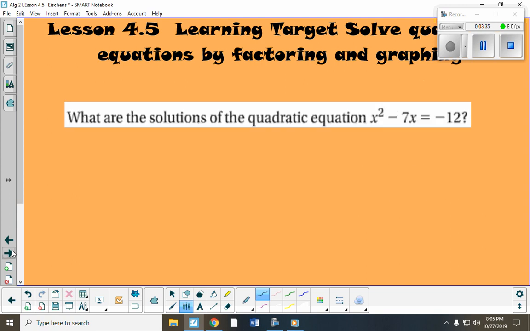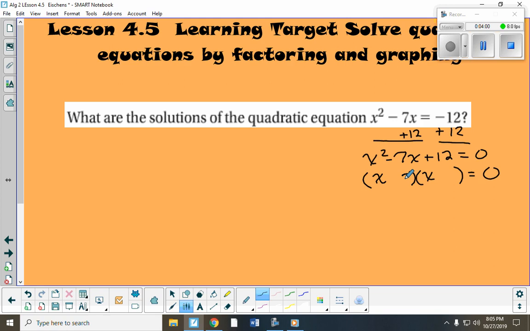Here's another one. Now, when we are solving quadratics, we always want to have 0 on one side. So let's bring 12 to the other side. So we have x squared minus 7x plus 12 equals 0. So now we'll factor and set each of the factors equal to 0.